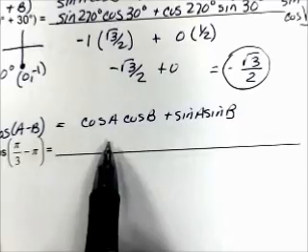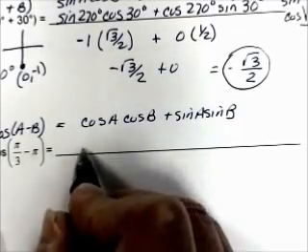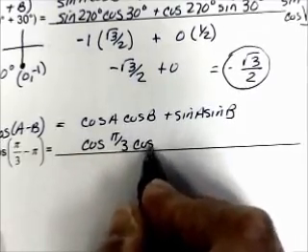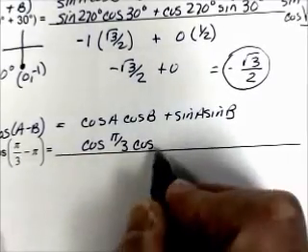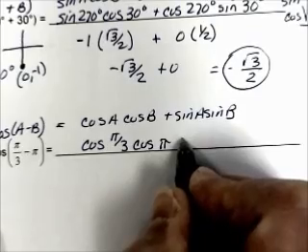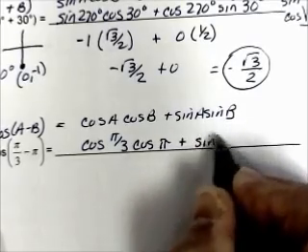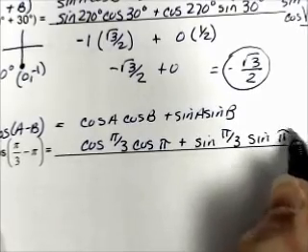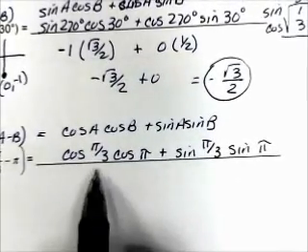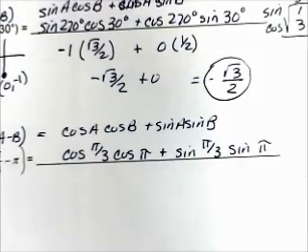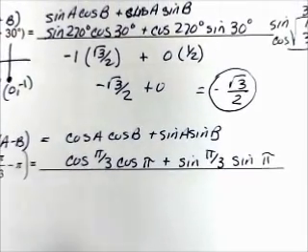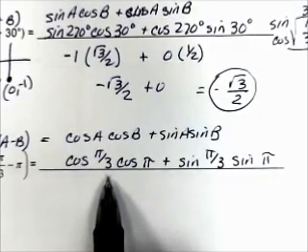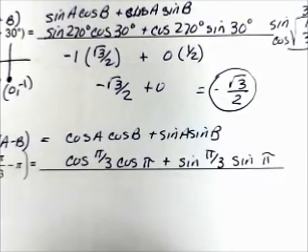Cosine of a. A is pi over 3. So this is the cosine of pi over 3 times the cosine of b, which is pi, plus the sine of pi over 3 times the sine of pi. Pi over 3, this is radian measure, so times it by 180 over pi, that's 60 degrees.